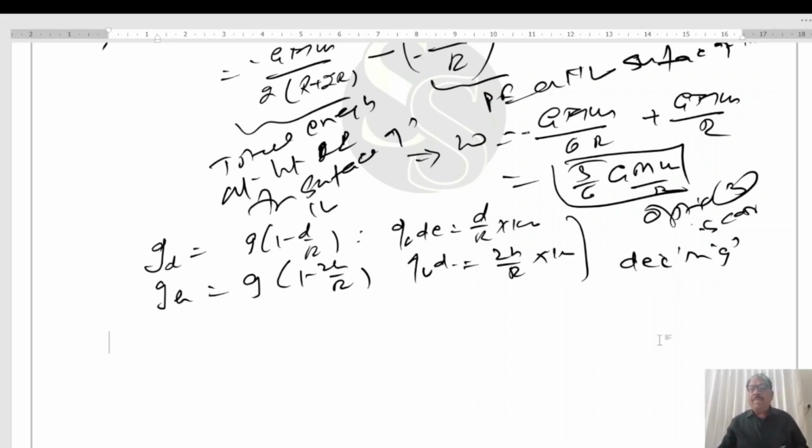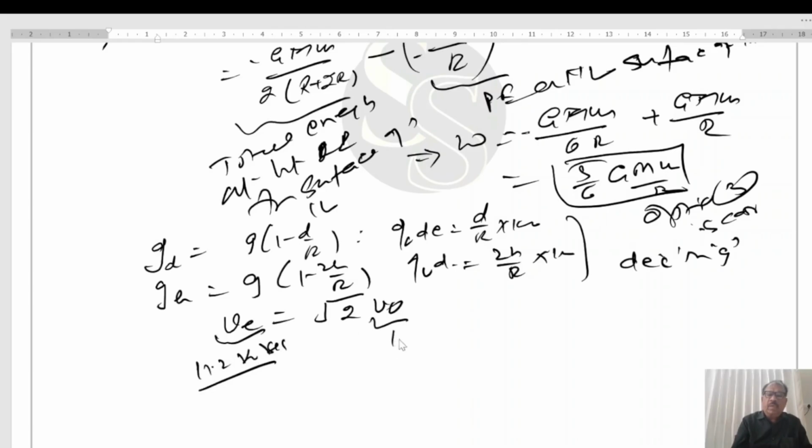Next, escape velocity V equal to root 2 times V naught. Escape velocity is 11.2 kilometer per second, and orbital velocity is 7.9 kilometer per second. Right? These are the additional information.